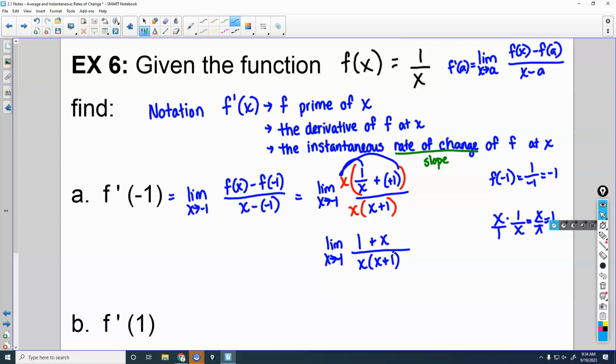Do you need to take out a negative on this one? No, because it's a plus. If that was x minus 1, you'd be exactly right. Does it matter if it's 1 plus x or x plus 1? Those are the same, even though they look a little different. So then I can plug in 1 over -1, and I get -1 as my answer.